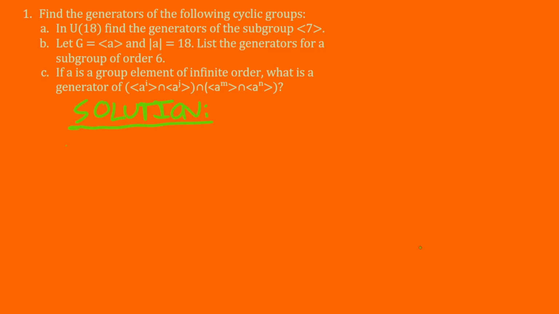For part A, this group of 7 is the group of elements generated by 7.